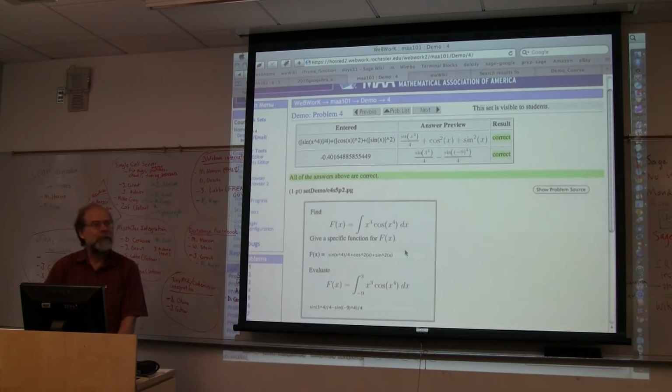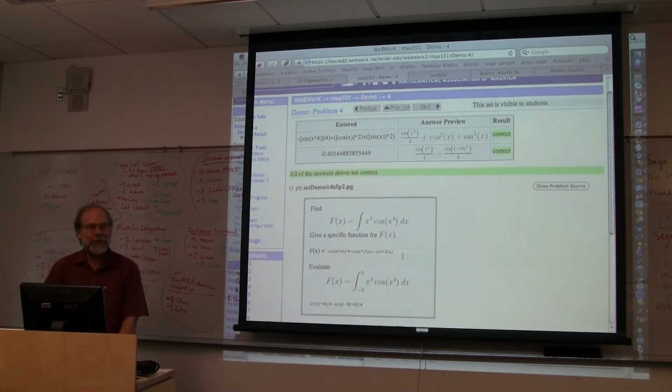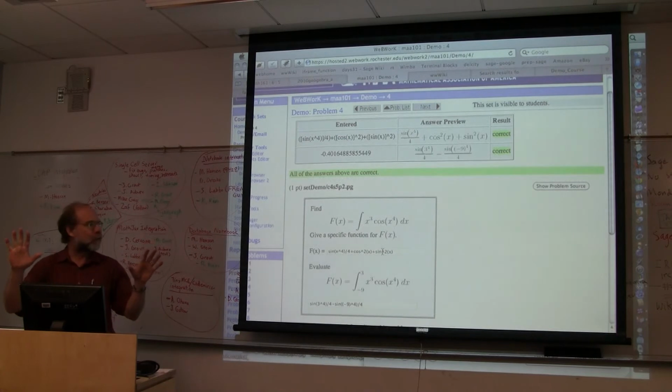So a lot of people have been fooled by this, and they say, "Oh, wow, you got really good symbolics behind this thing." But of course, we don't. This thing's interpreted as a function, and the professor's answer is interpreted as a function. And what we do is, in this case, we say 2 functions are equivalent if they're... So first of all, we evaluate them at one point and we see how they differ, and that tells us what the constant's supposed to be.